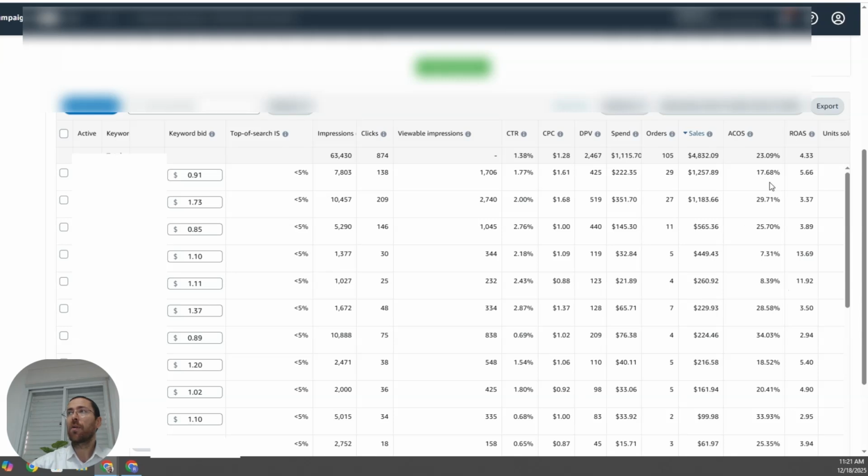Those that have a higher ACoS I'll need to adjust more strongly, and those that have a better ACoS I can be more liberal in giving them higher bids. That's the general approach that you want to follow in setting your placement adjustments, both for sponsored brands, but also if you're doing this for sponsored products.